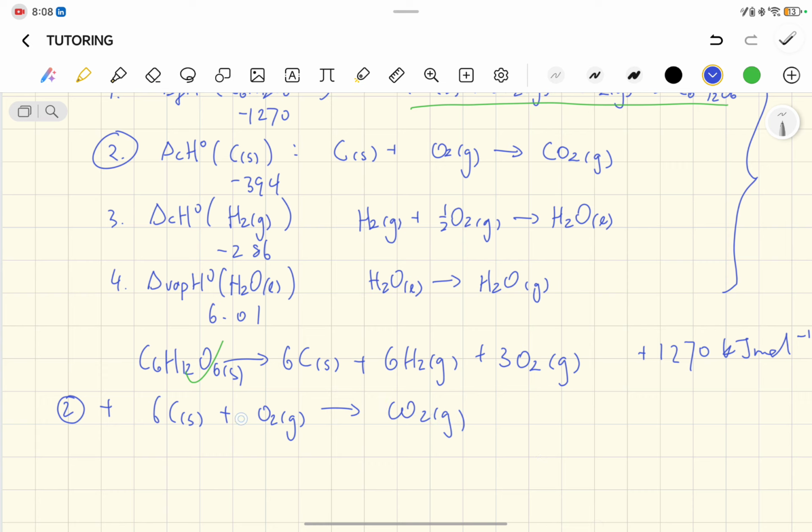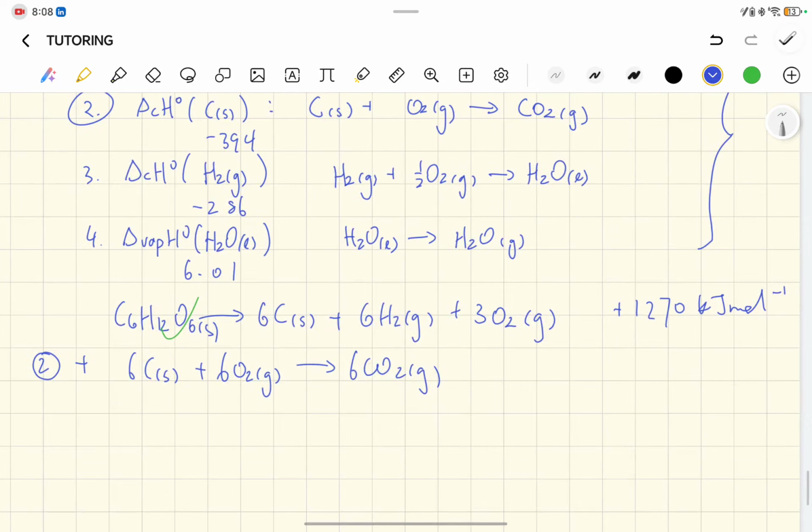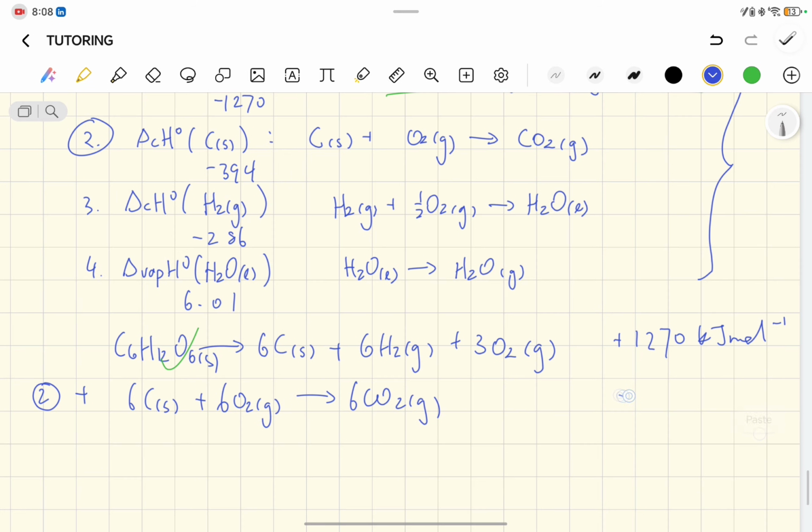And we're going to multiply everything by 6 because we want to remove 6 moles of carbon solid. Reaction 2 has an enthalpy of -394, and we have to multiply it by 6, which is 6 times -394, giving us -2364.